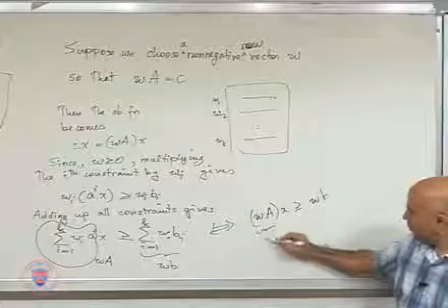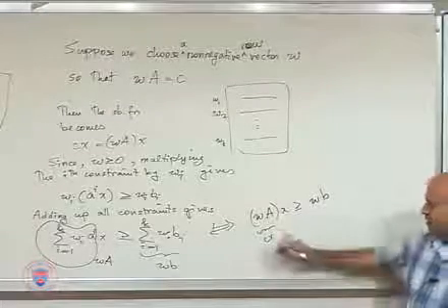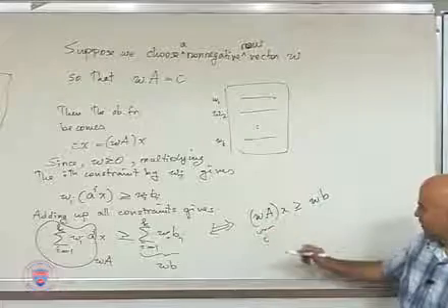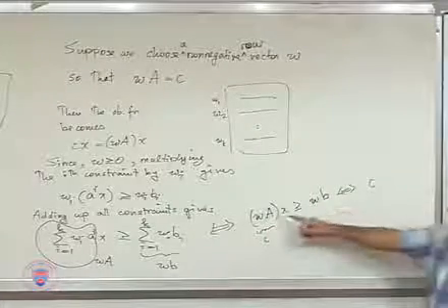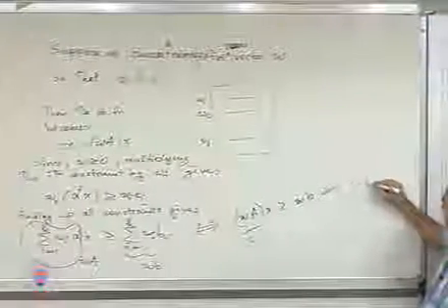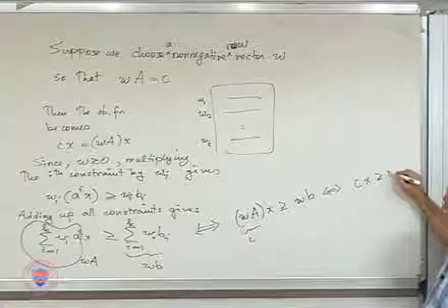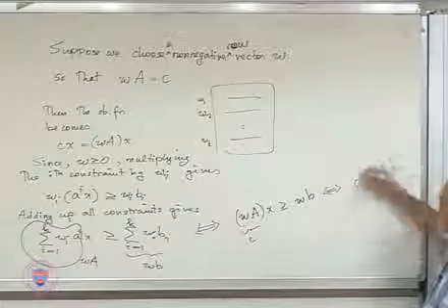And this is, in fact, your Cx, or that's, in fact, your C. So this entire thing tells you that as long as your W is non-negative, you've got Cx greater than or equal to Wb.